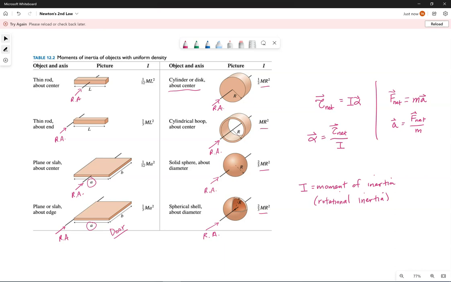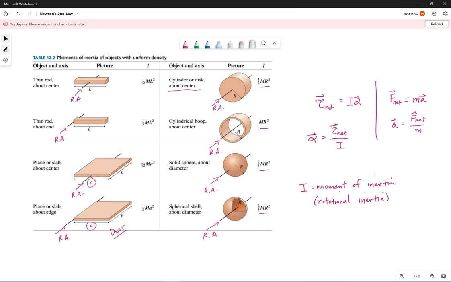So this rotational inertia is not only accounting for mass, but it is also accounting for how the mass is distributed. Each of these, when we see L squared or r squared, it turns out that how the mass is distributed is actually a bigger factor than what the mass is.